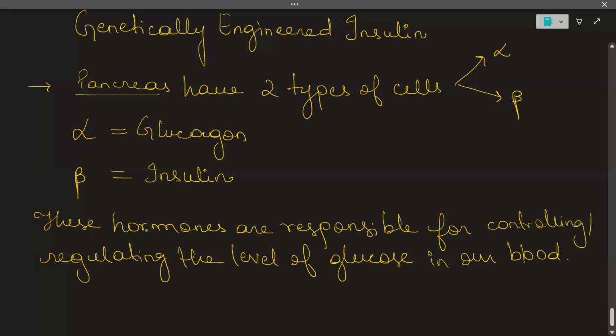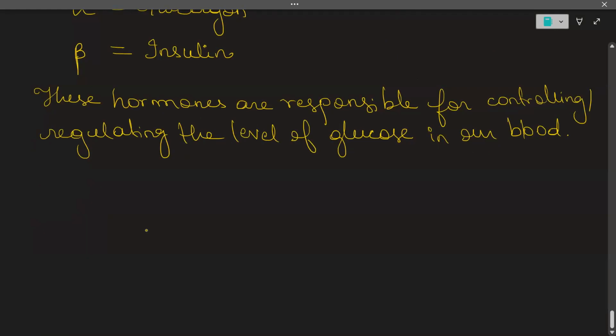Now we know what happens, students, when there is an insulin deficiency? Diabetes. The particular name is diabetes mellitus.